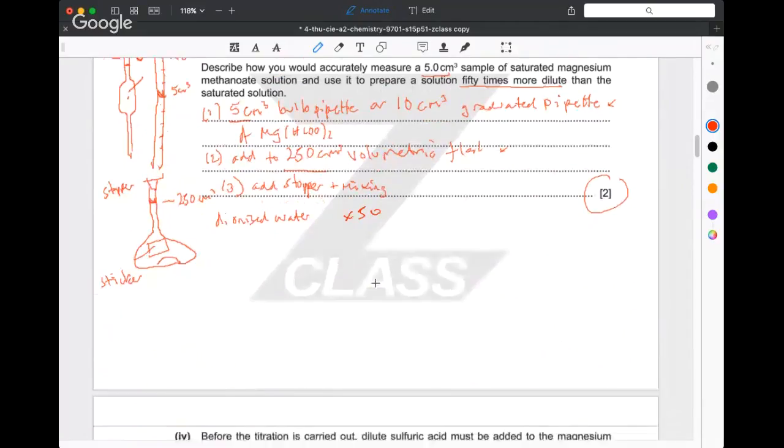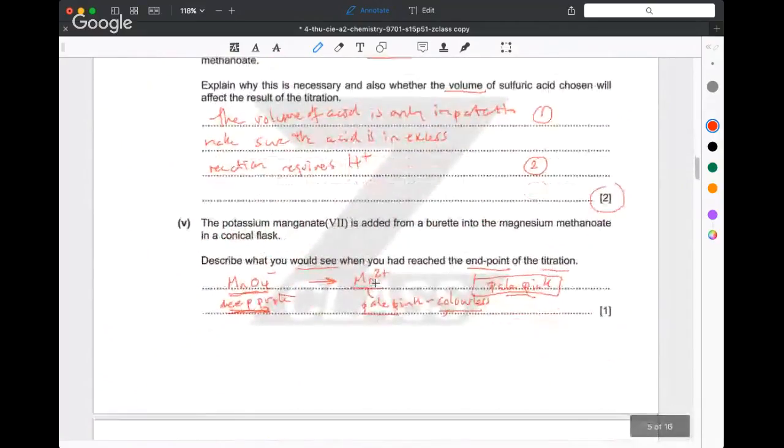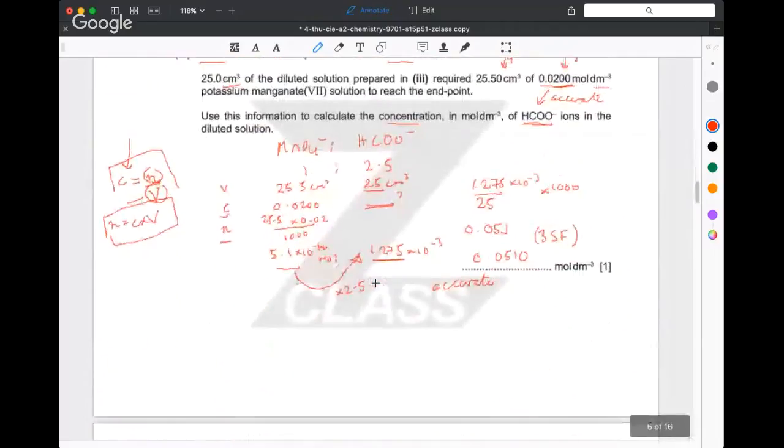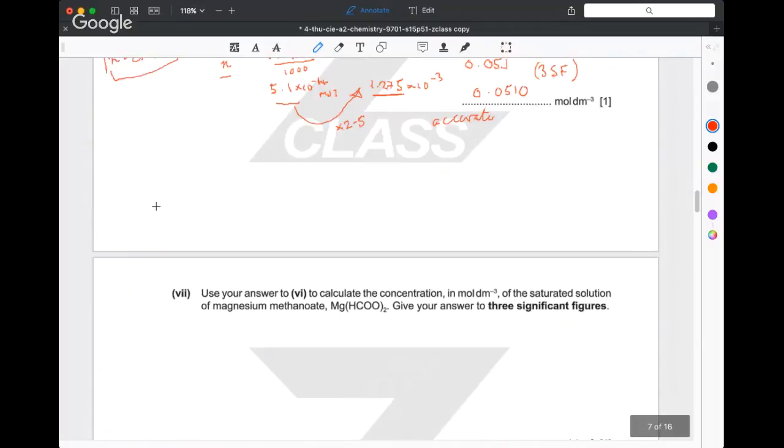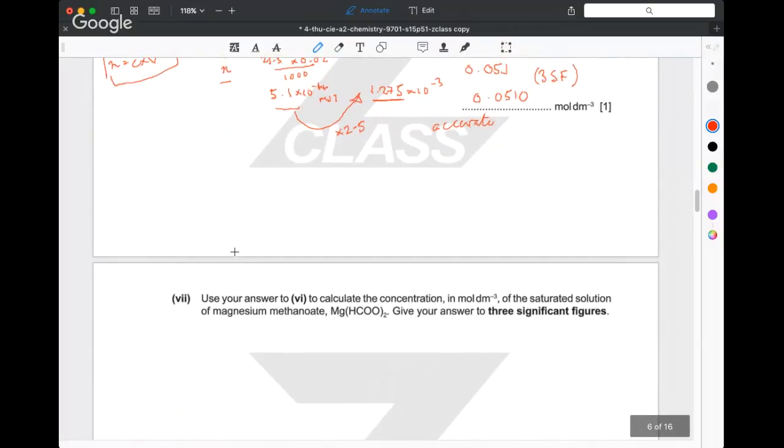So to actually work back to the real accurate concentration of the solution that we first started with, well, we've got now the concentration of these methanoate ions, and we calculated that just up here as 0.0510 moles per decimeter cubed.